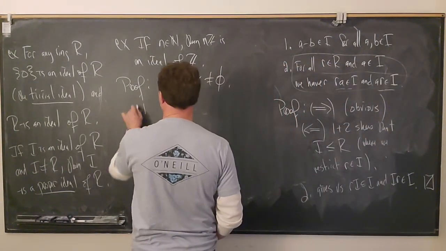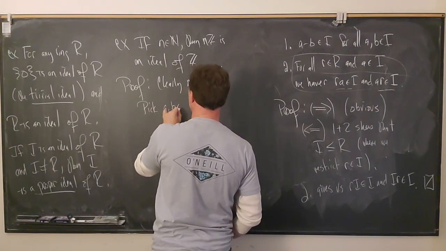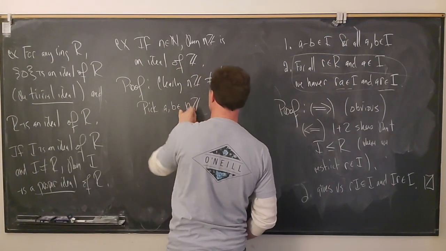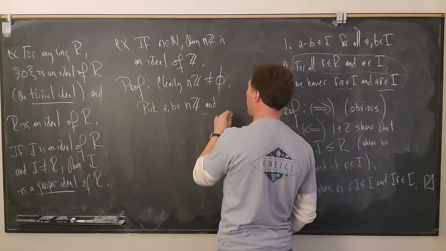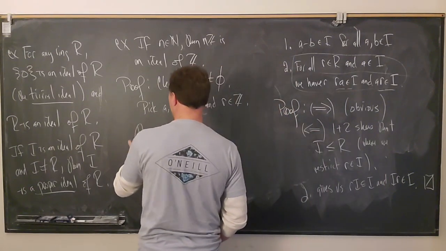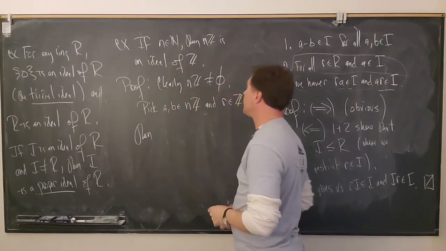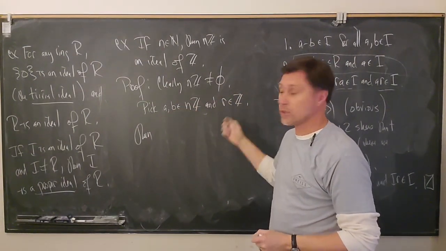So let's pick, how about a and b in nZ and r in Z. So now, what do we need to do? We know that it's not empty. We need to show that it is closed under subtraction and under external multiplication.